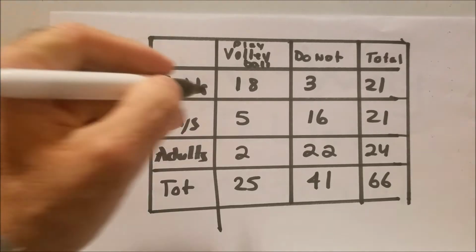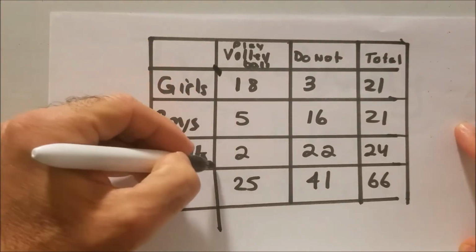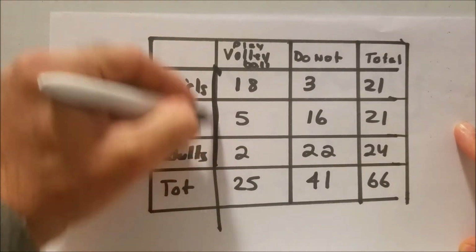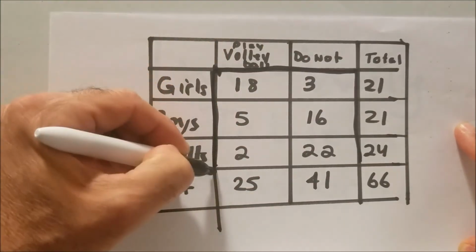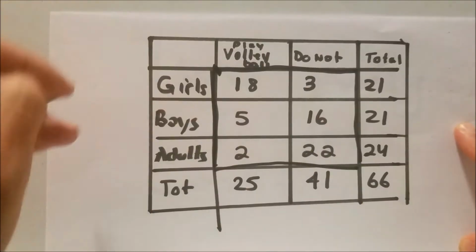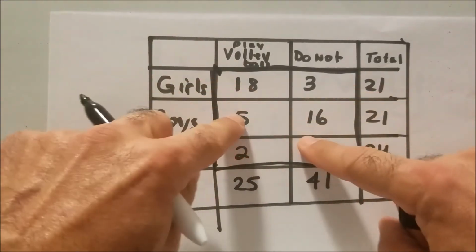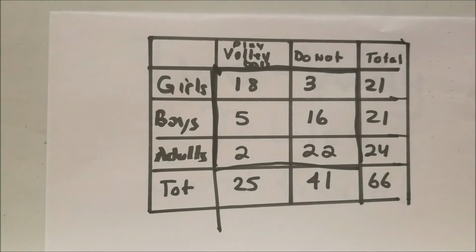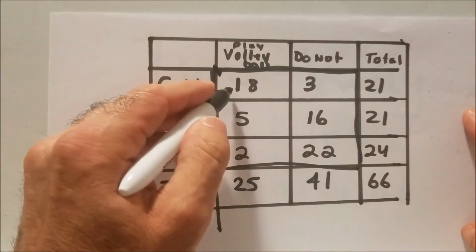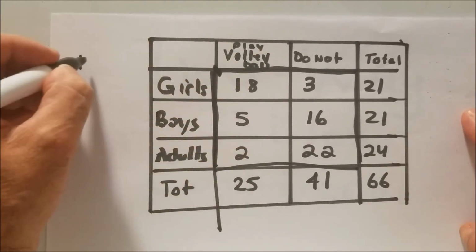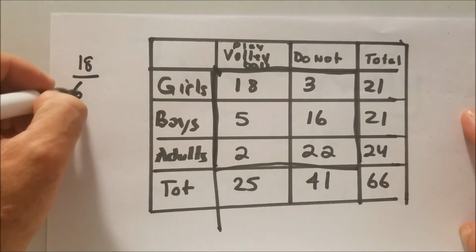With joint, anything within here, right? This right here, the box I'm making, everything in there is the joint compared to the total. So let's say I asked, what is the relative frequency of girls who play volleyball? Well, there are 18 girls who play volleyball, and the total is 66.